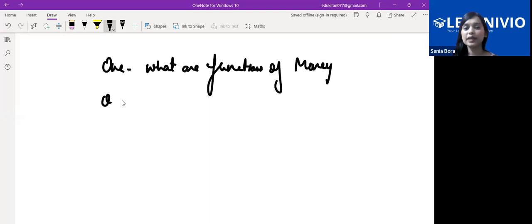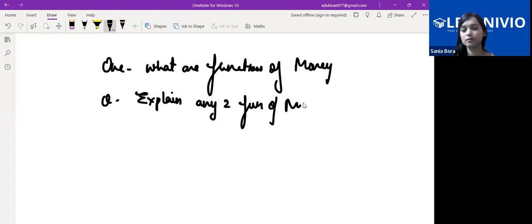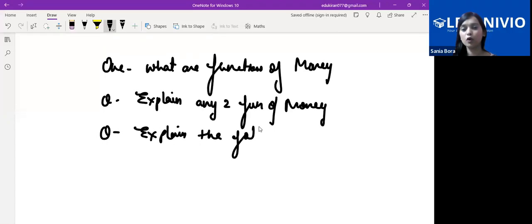Second question would be, explain any two functions of money. Third question can be, explain the following functions of money.